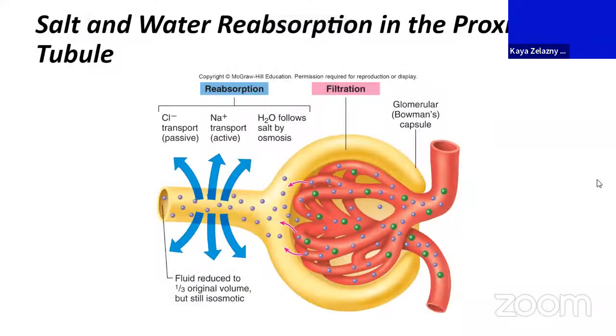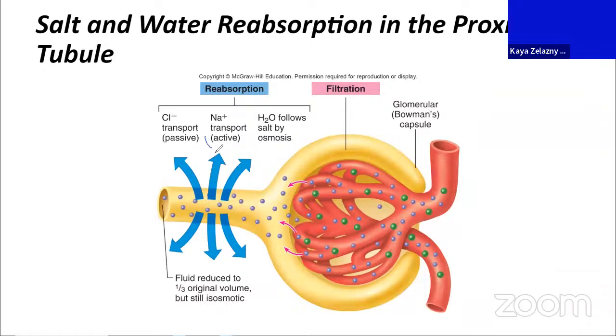Okay, good. All right, so when we're thinking about this salt and water reabsorption, we have active transport of the sodium. The main thing we want to know about that is that we have that sodium potassium pump on the basolateral membrane, so we're using energy for that. Chloride ions with their negative charges are following through, basically through passive transport. We're having those negative ions attracted to the positive charge on the sodium.